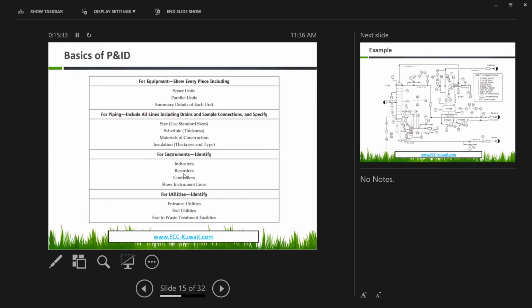For instruments, the indicator, recorder, controller, and instrument lines. For utilities, we identify the entrance of the utility, the exit of the utility, and exit to the waste treatment facility. All of this information should be included in your piping and instrumentation diagram to be within acceptable standards.